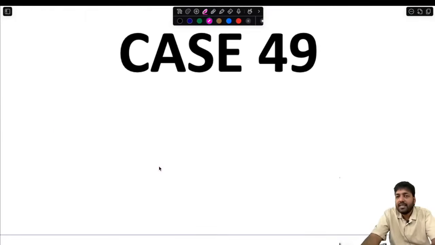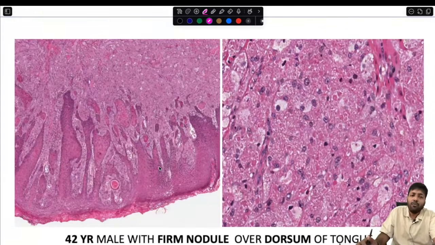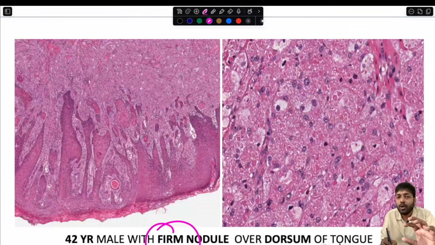Now case number 49. Let us see. You can see a 42-year-old male with a firm nodule over the dorsum of the tongue. We can see a poorly defined tumor mass showing a solid sheet of cells arranged in nests and trabeculae.